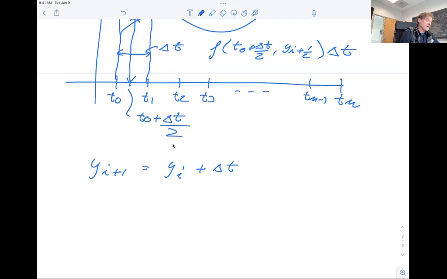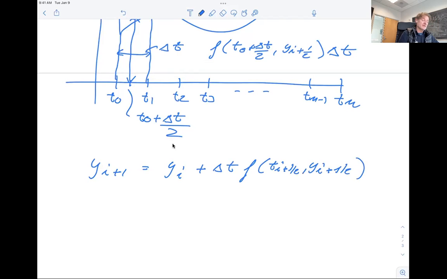So this is now the approximation. We are taking away the delta t cubed term. So in principle, we should actually have an approximation sign, but we are a little bit sloppy here, so we just leave it out. So we would have t_(i+1/2), and then we have the function evaluated at this i plus 1/2 value.